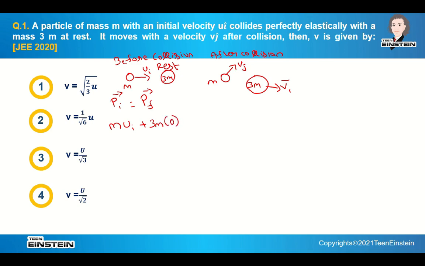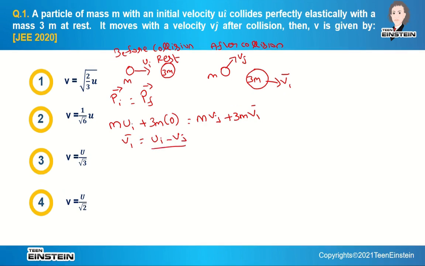Why 3m is because the mass of the particle is 3m, equivalent to m. Here the velocity is vj, so mvj plus 3m v1. Okay, so on solving this you will be getting v1 equal to (ui minus vj) divided by 3.